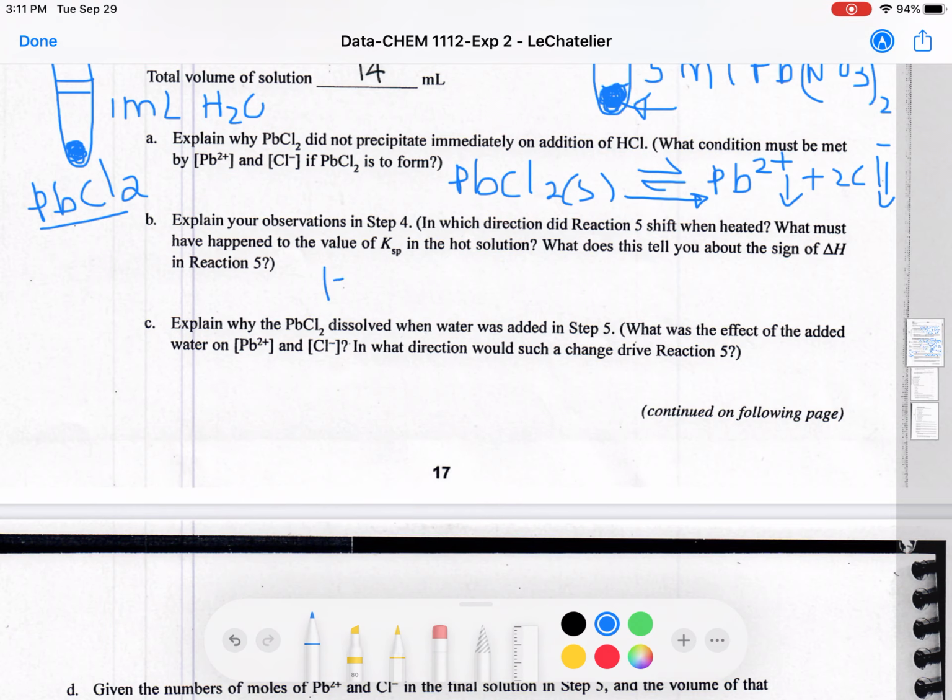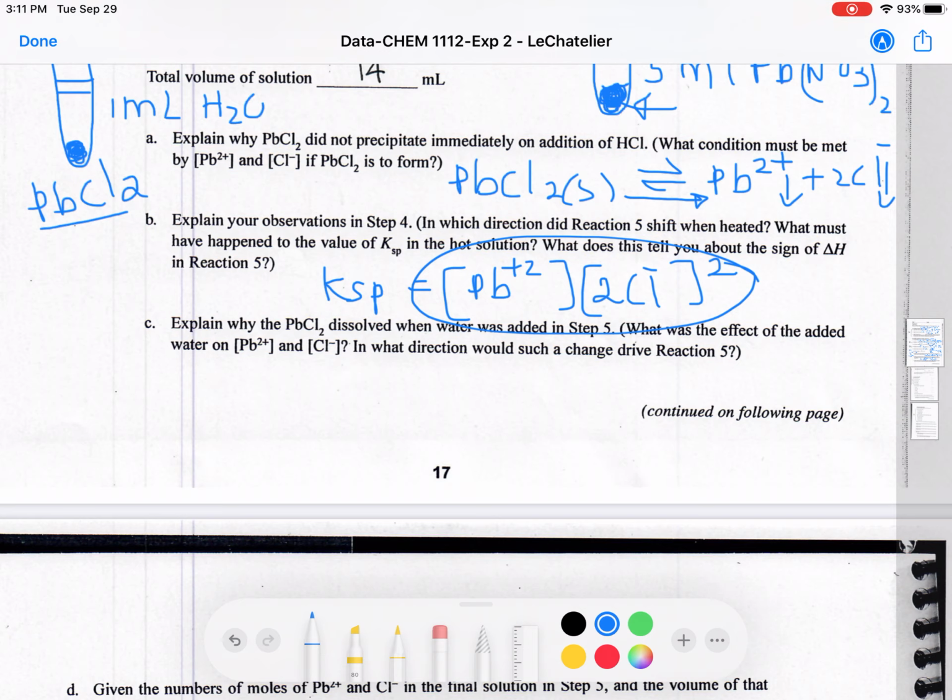That's Ksp equals lead ion concentration, and then we have 2Cl minus concentration raised to the power 2. So if the product of this value reaches the Ksp value of lead chloride, then we would see a precipitate.